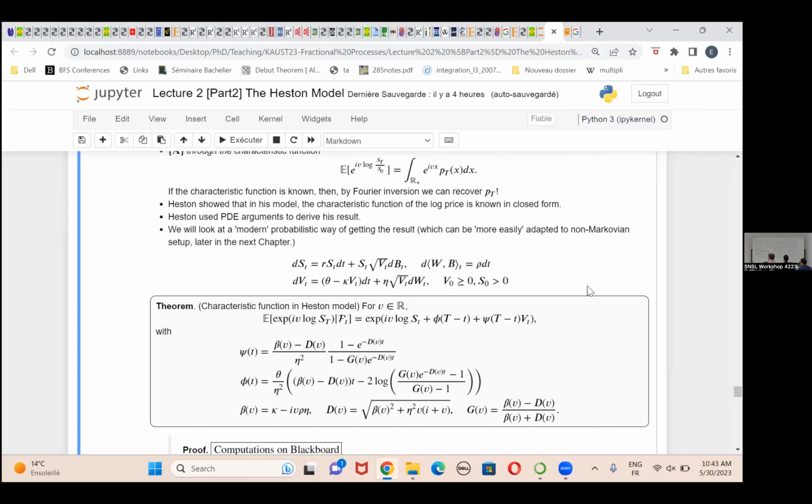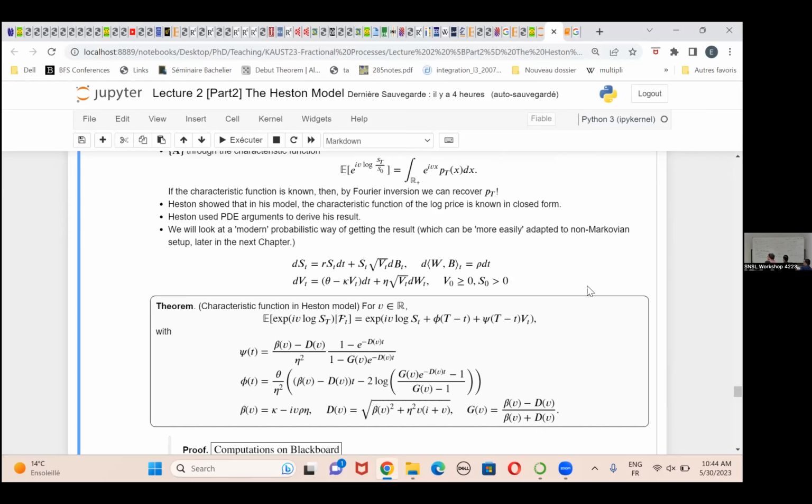You can check that by differentiating with respect to t, you get that C satisfies this equation. So you have the existence of a solution. So basically, this holds true if you take, let's say, u equals iv, with v in R. So this shows that this is true.